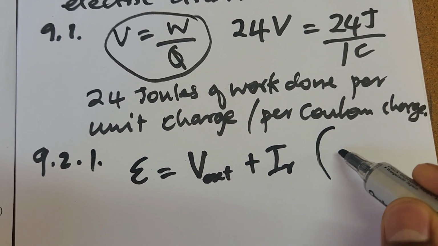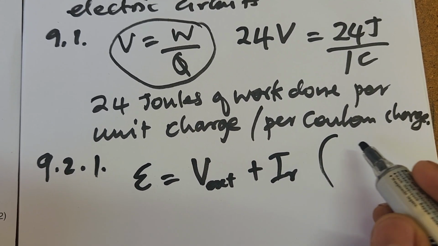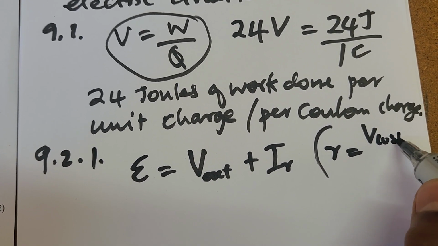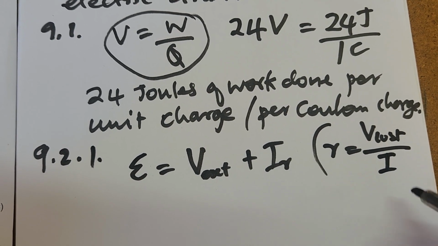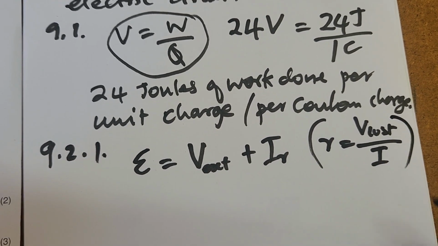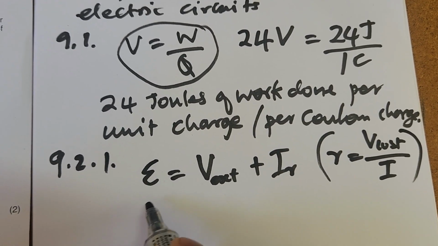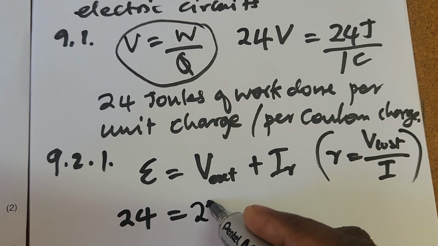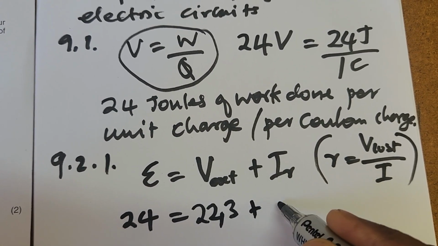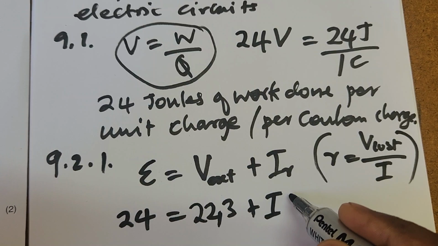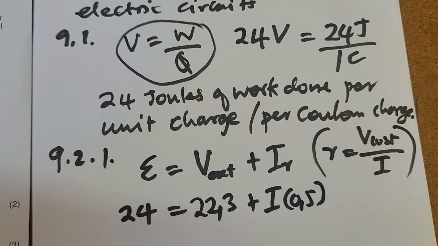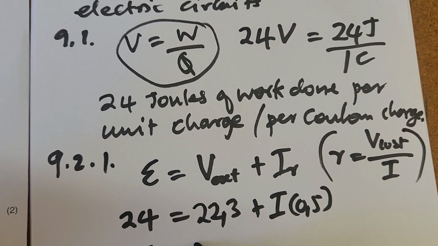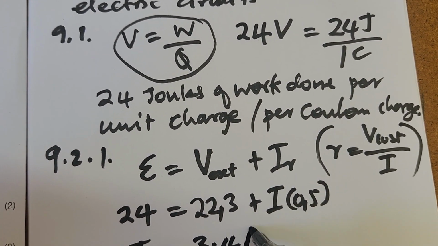Or learners, you can also use the internal resistance as the V lost divided by I. So there are many ways to deal with this. EMF is given as 24. The V external when the switch is closed is 22.3, plus the current, which I'm calculating, multiplied by 0.5. Therefore, the current will give me, in this case, 3.4 amperes.